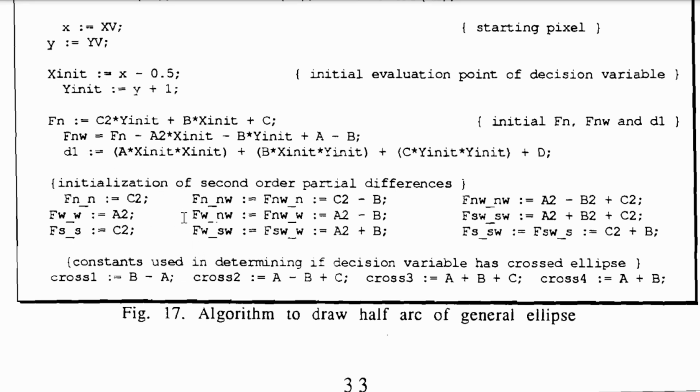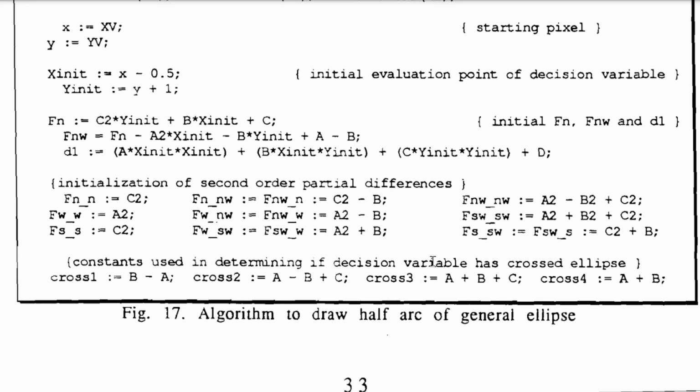Now, there's two different kinds of constants. One set of constants is used to update these values every iteration, and the other set of constants is used to determine when we've got to the end of the arc that we're currently drawing. So he computes all of these in advance for the whole algorithm, not just the first arc. And you can see why I wanted these values to all fit into 16-bit registers.